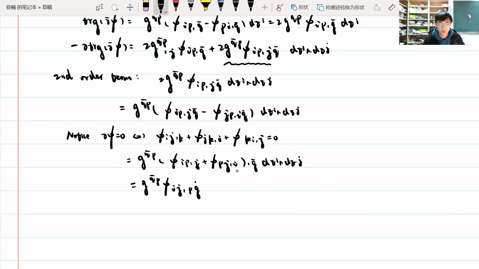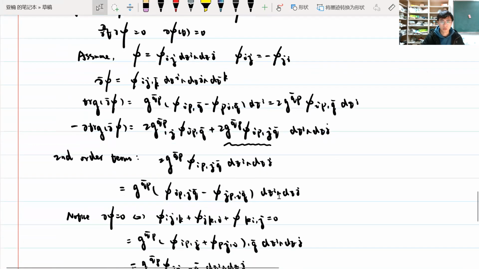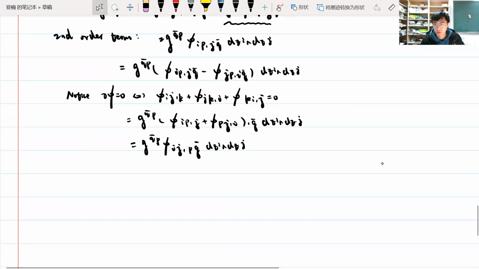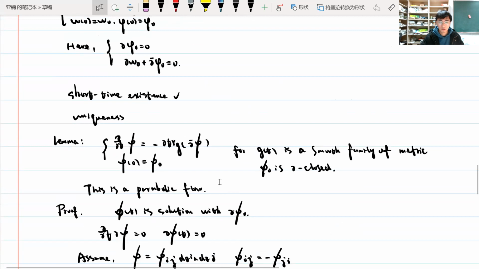And so we complete our proof. It is a parabolic flow. So we have the uniqueness of the solution.